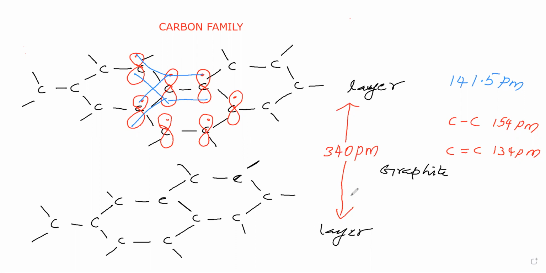This indicates that between layers there is no covalent bond at all, because a single bond means 154 picometer, but here 340 picometer is more than double of this. Therefore, between the successive layers of carbons, there is no covalent bond at all.